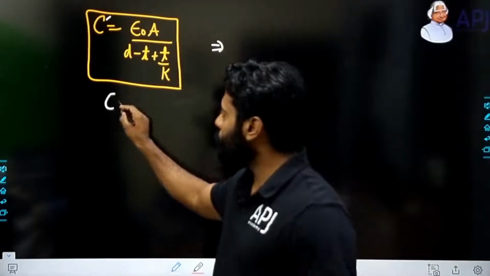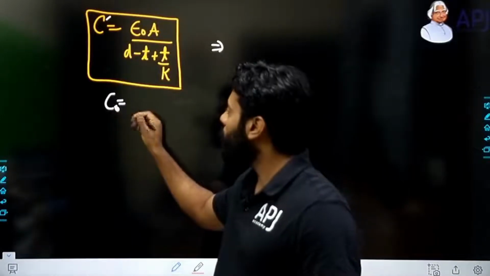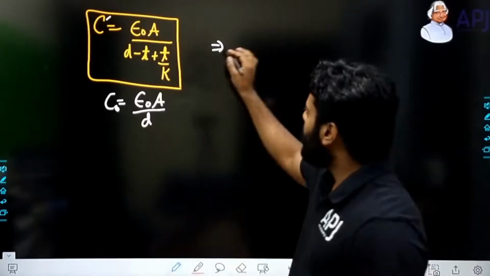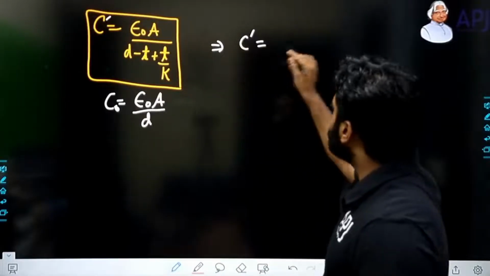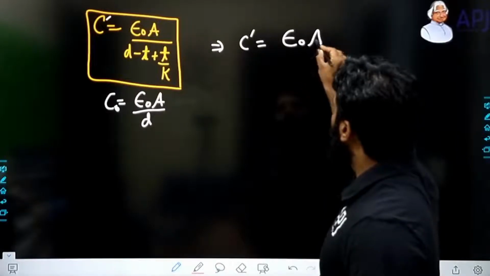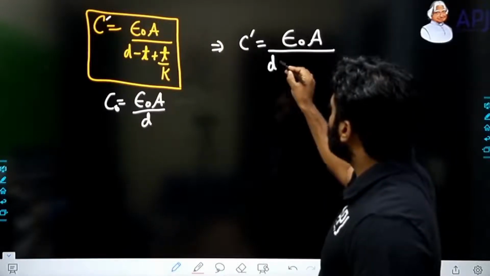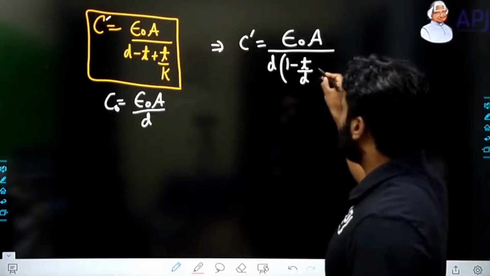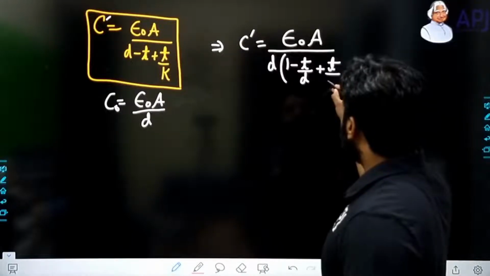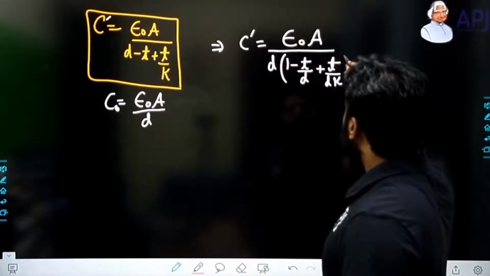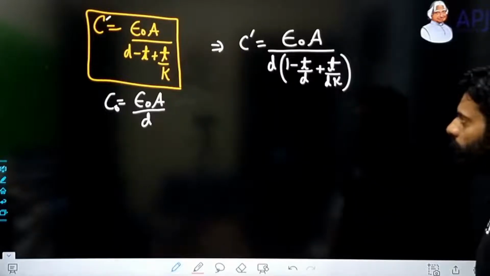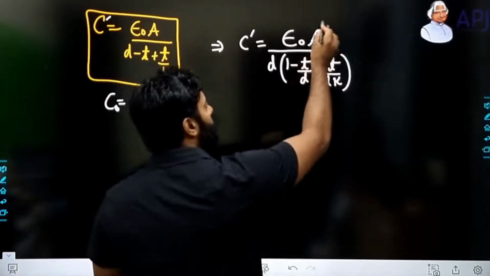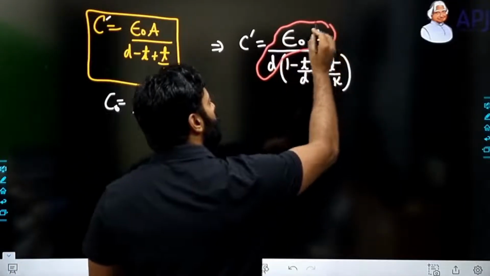I know that C is equals to epsilon naught A. I can mark this as C naught. C naught is equals to epsilon naught A by D. Then what I can do is take D as common. So if I am taking D as common, I can say 1 minus T by D plus T by DK, right? And now you can say that this is C naught.